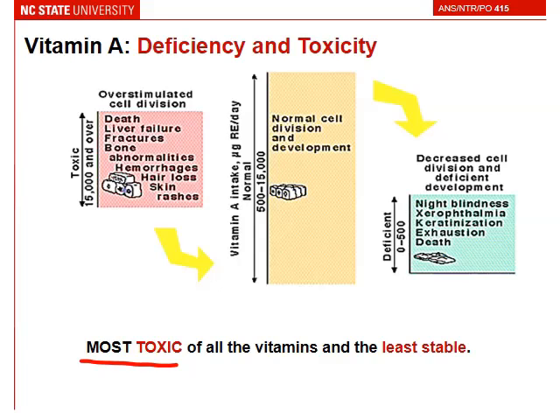This is where we'll have night blindness, xerophthalmia, etc. Our normal is going to be between 500 and 15,000. So you can see this is still a pretty decent wide range. And if you consume greater than 15,000, that's where you're going to get into the toxic levels.